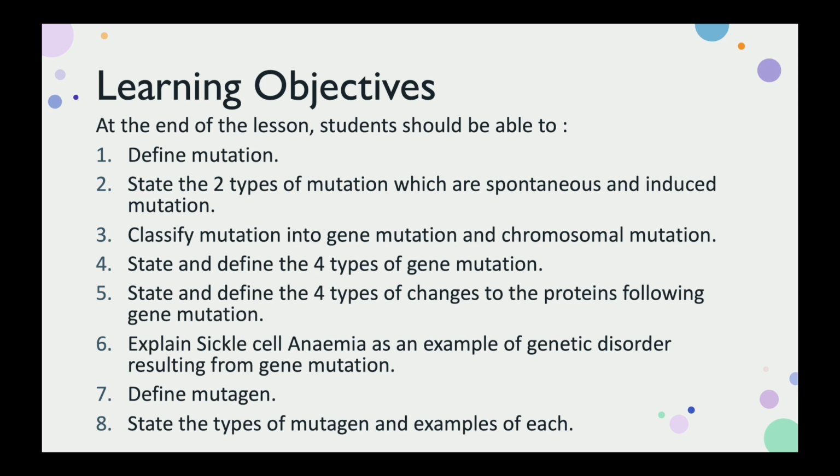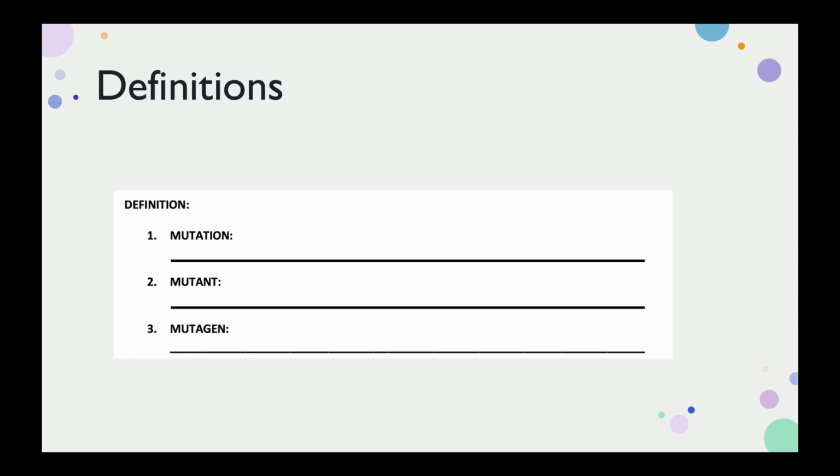At the end of the lesson, students should be able to define mutation, state the two types of mutation which are spontaneous and induced mutation, classify mutation into gene mutation and chromosomal mutation, state and define the four types of gene mutation, state and define the four types of changes to the proteins following gene mutation, explain sickle cell anemia as an example of genetic disorder resulting from gene mutation, define mutation, and state the types of mutation and examples of each.